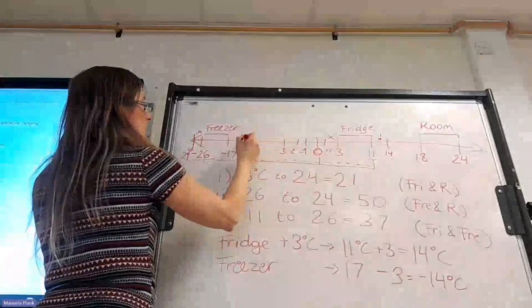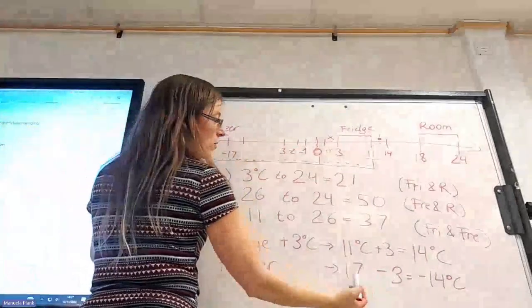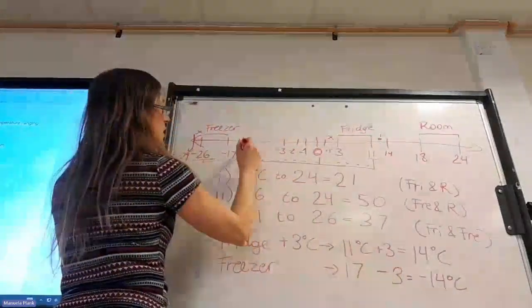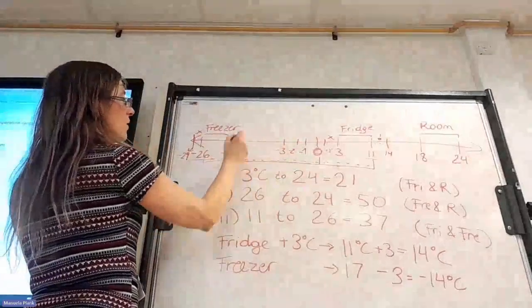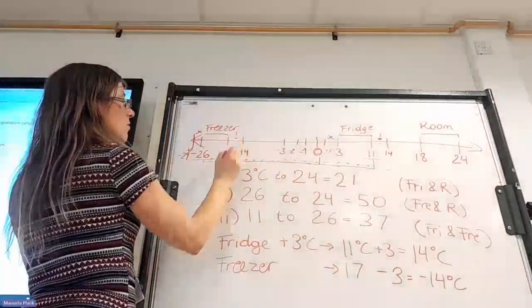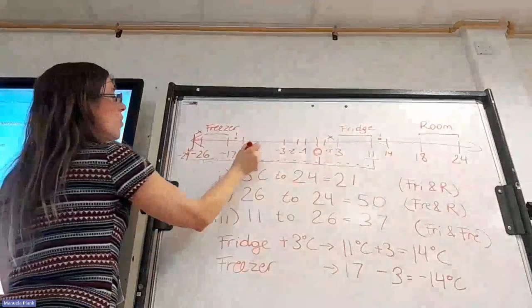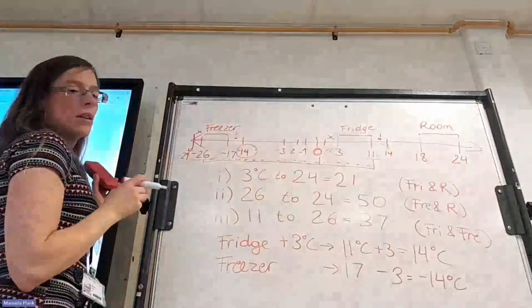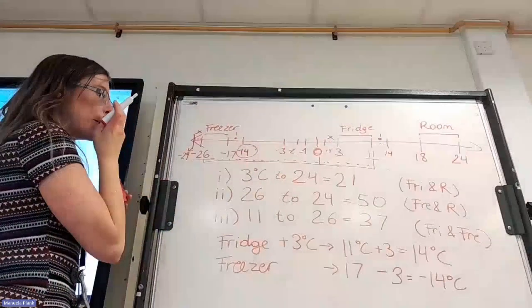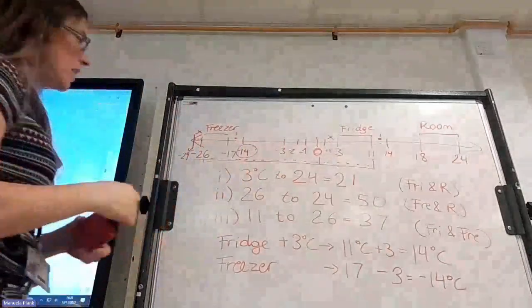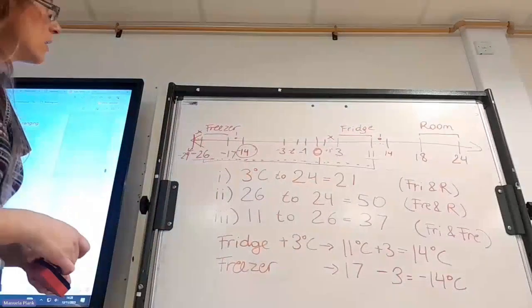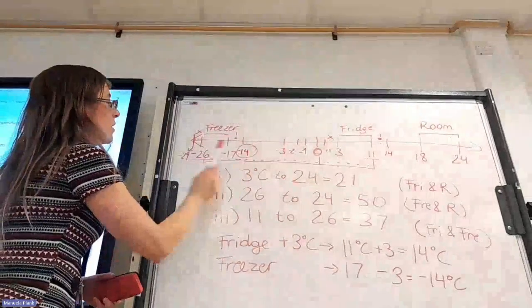But 17 minus 3 is 14. So if the freezer has only minus 14 degrees, the alarm would go off, because that's not a good number. We are already 3 degrees above the specified range, and then this would trigger an alarm.